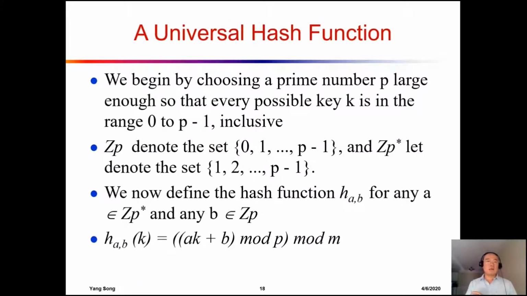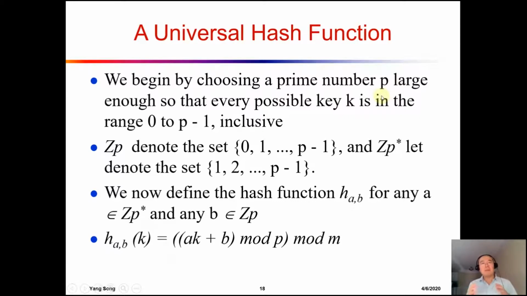Okay, so how do we create a big family of hash functions? I'm not talking about how to design one very smart, very tricky hash function. Instead, I want to create a group or a family of hash functions. And how do we do that? We have to move on and define a few more things. Number one, the prime number p.